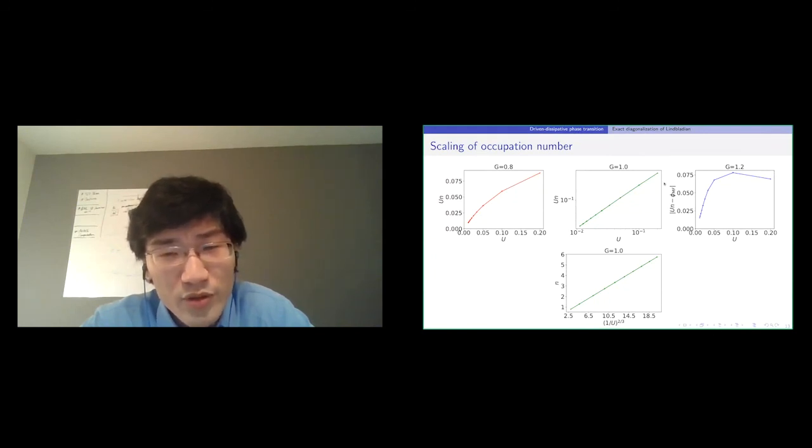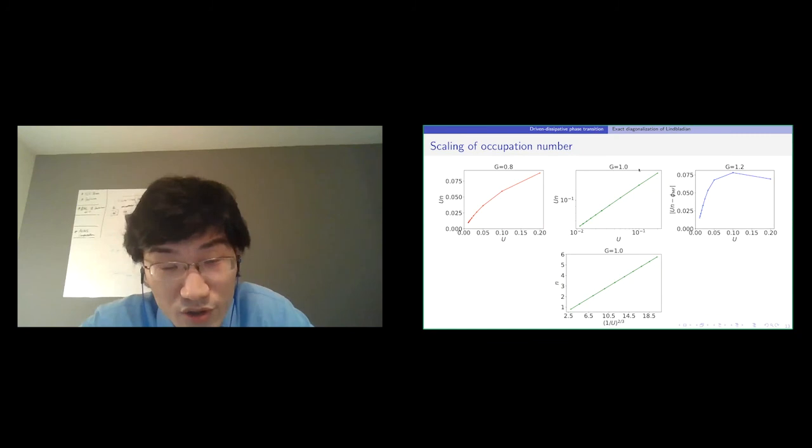Here I show you some examples. Below the critical point, here I set gamma equal to 1, so the critical point is G equals 1. You can see that below and above the critical point, as U goes to 0, U times N will just approach the mean-field prediction.